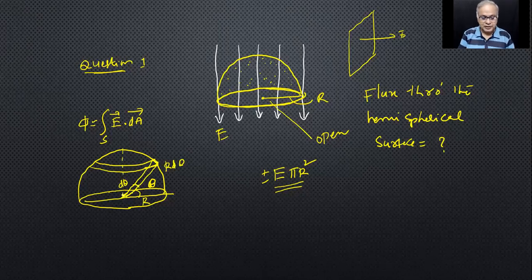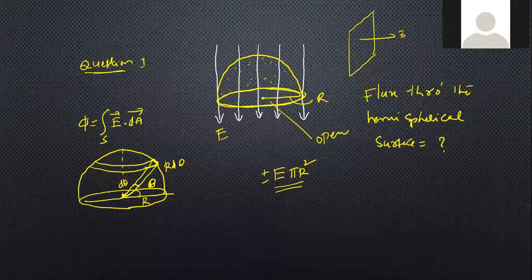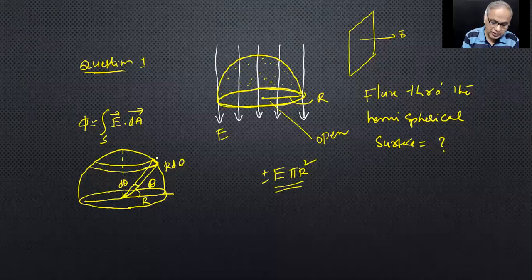Now, if I take my area vector this way, and in that also I can take an even smaller area, delta A. This whole thing is what? dA. It is coming from that side also, remember it.